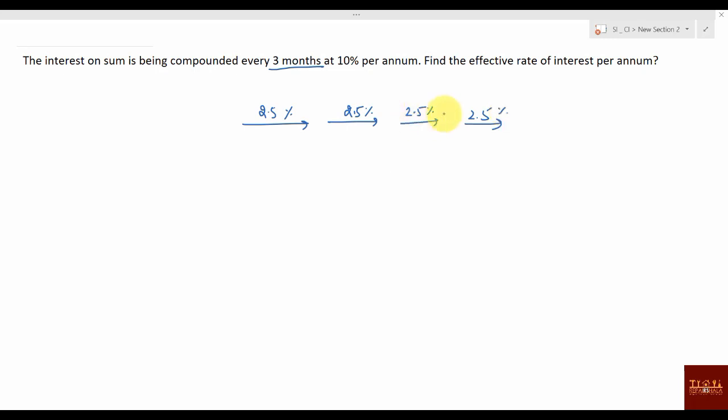So for the effective rate of percentage, I will say actually for 6 months you can write, it will be a little better. So for 6 months, it will become only 2.5 and not 2.5 and 2.5. What will it become? The rate of interest is still the same, so it will still be 2.5% only.